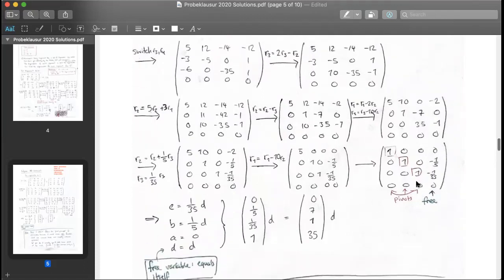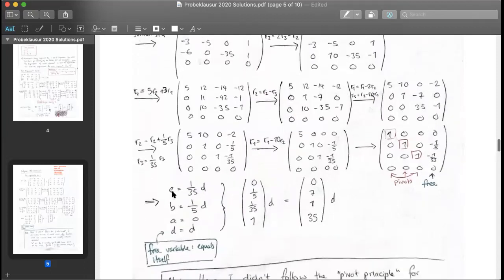And then the same idea applies. You're going to write your pivot variables in terms of your free variables. So C is 1/35 D, B is 1/5 D, and A is 0, and D equals itself because free variables always equal themselves.